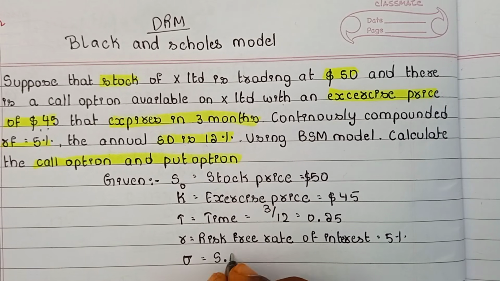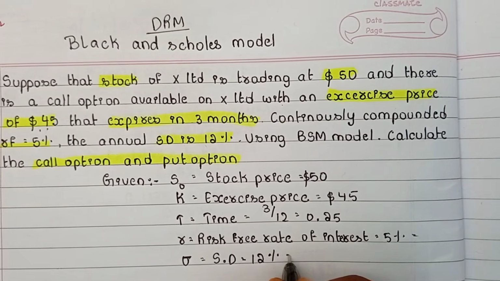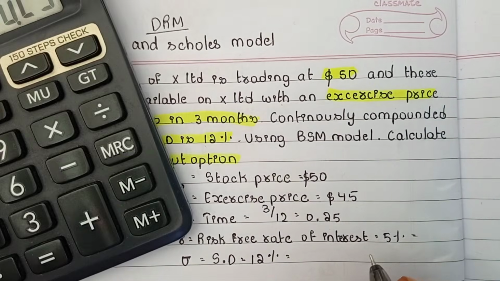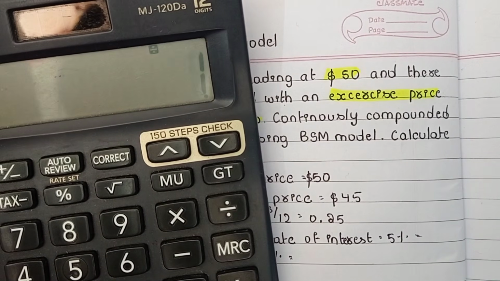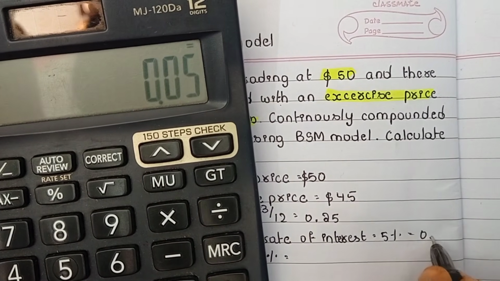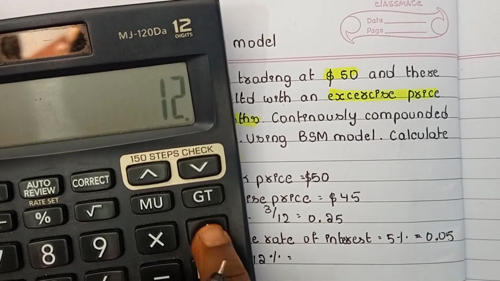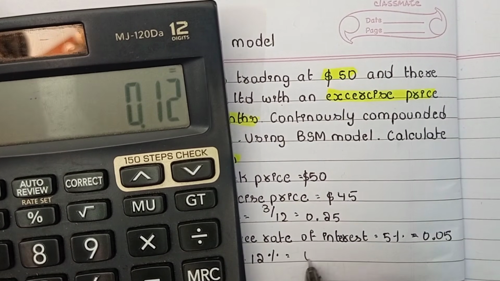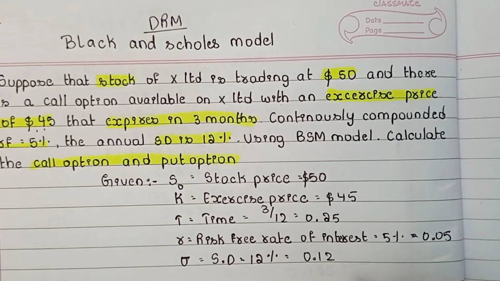So standard deviation is 12%. If you want, you can convert it in the given itself. So 5% means 5 divided by 100 is 0.05, and 12% means 12 divided by 100 is 0.12. If you convert it in the given, then it will be easy to compute while applying the formulas.